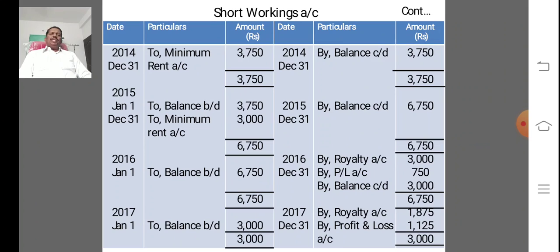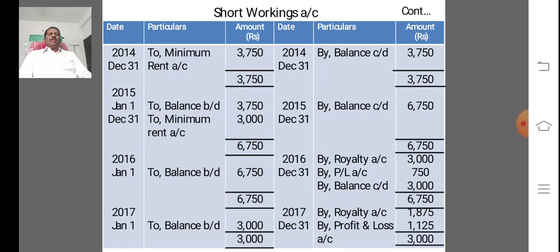Another account is the short workings account. In 2014, to minimum rent account 3,750. By balance carried down, that is the balancing figure, 3,750, and this amount is brought down to the beginning of next year. So to balance brought down 3,750.